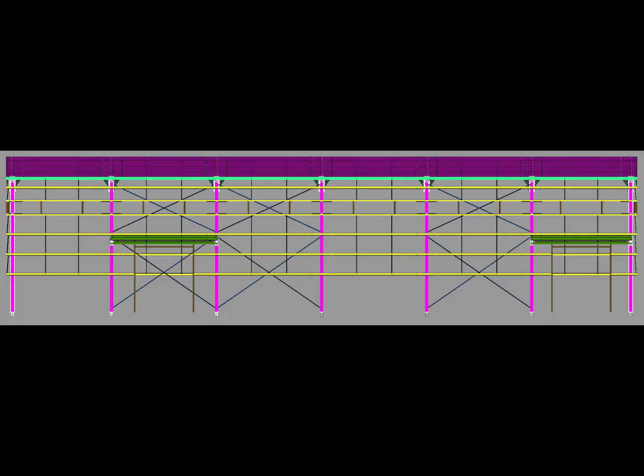There are columns. There are horizontal girts. There are roof members. There are diagonal rod braces. And there are smaller secondary members. But once we understand the function and relationship of each member, the model becomes much easier to read.